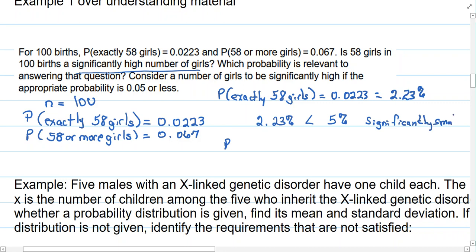It's small, but they want significantly high, so that one doesn't apply.